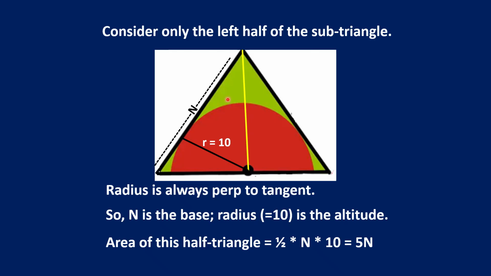So the area of one half of the triangle will be given by half into base into altitude, half into n into 10, that is 5n. So 5n is the area of the left half of the triangle.